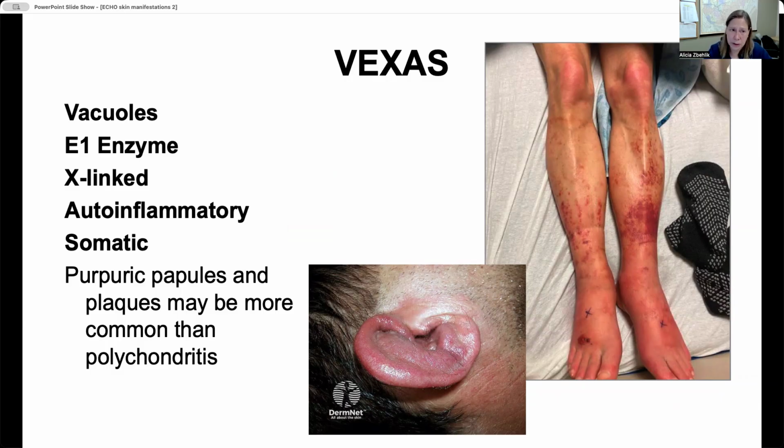So we probably have patients that we have not diagnosed with this. Another important thing: the median age is about 50, and it's predominantly men, with rashes like this, lots of inflammation, and multiple systems involved: eyes, lung, renal, skin. But another important point is that the skin can be a clue to what's going on.